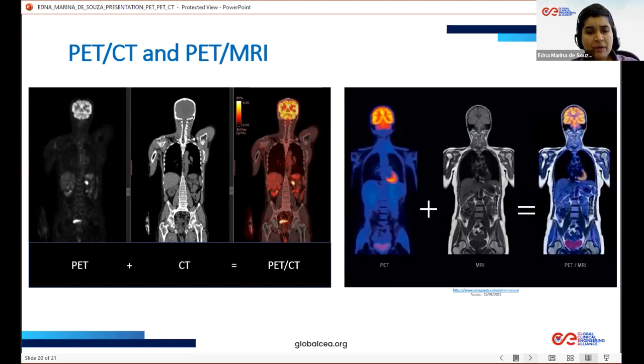The use of MRI for attenuation correction is a little bit more complex because MRI is based on different physical principles, but it's also possible. And MRI has a lot of advantages, such as higher contrast for soft tissues. So to explore the lesions in different ways, it's a great technique, right?